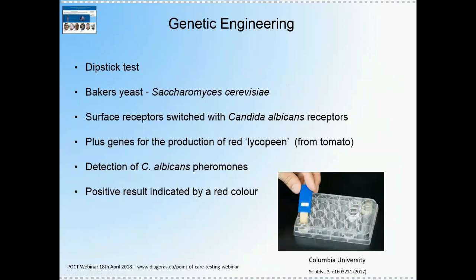So you can detect the presence of Candida albicans, let's say maybe in the blood culture, using just a simple dipstick device based on genetic engineering of a non-pathogenic organism that then has within it genes or receptors, proteins from a pathogenic organism. And in this case, because it has genes from the tomato, a positive result is shown by a change from a white to a red color.